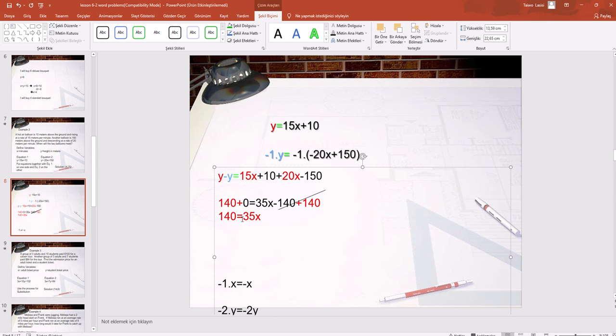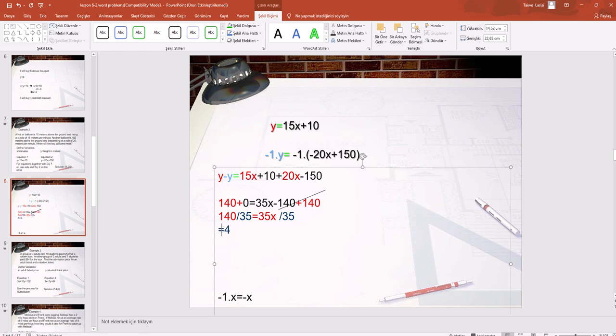So now I am going to divide both sides by 35. So what is this? 4. X is equal to 4. Good. We found x now.